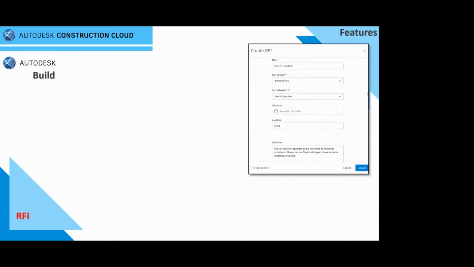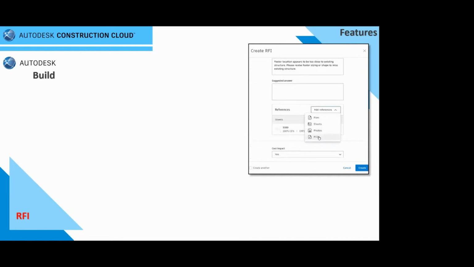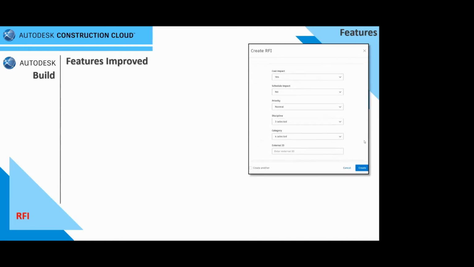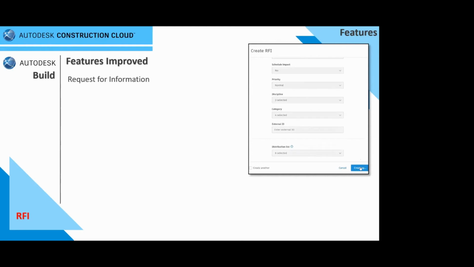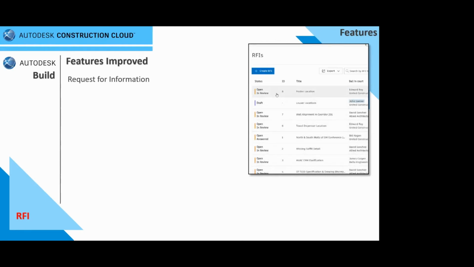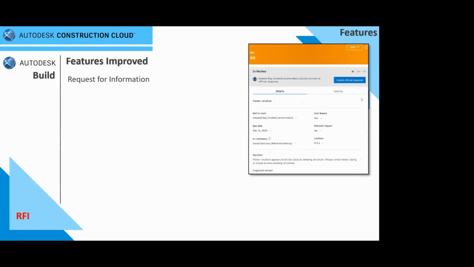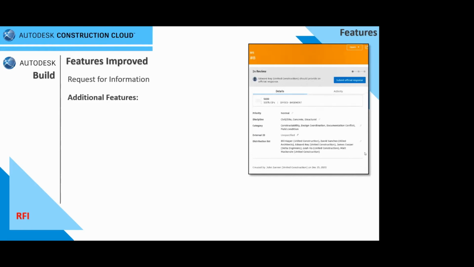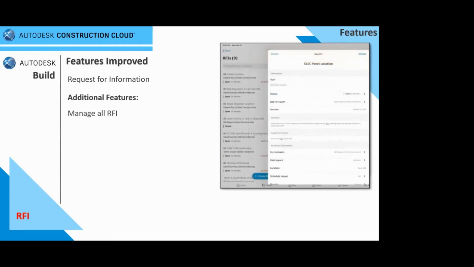Other significant improvements or features that have seen some updates now as well is the request for information feature, or in short, RFI. So we still have additional access features with our RFI toolsets. And the idea here is we manage all RFIs in the field or in the office.